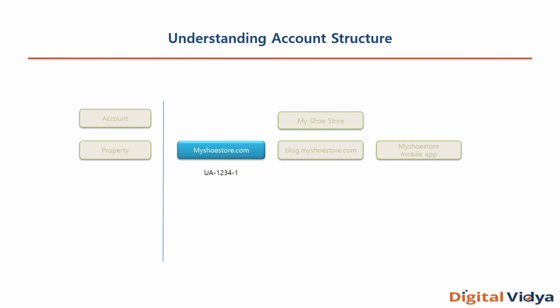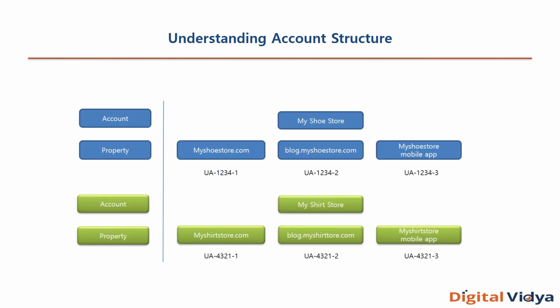In this case, the account number will remain the same because they all belong to the same business, but the property number will keep changing, becoming hyphen 1, hyphen 2, hyphen 3, hyphen 4, and so on. So if you see on this particular screen, if you have created an account called My Shoe Store, and there are 3 different websites or digital properties, they are still unique in their ID with hyphen 1, hyphen 2, hyphen 3.